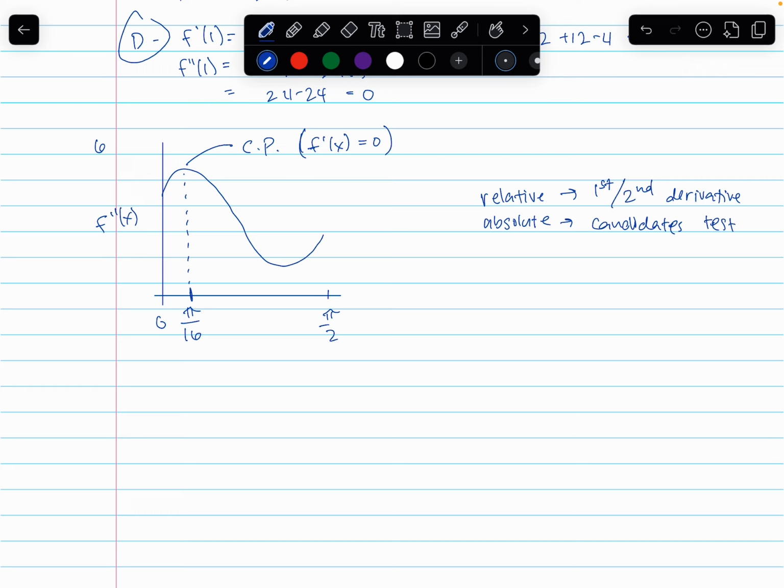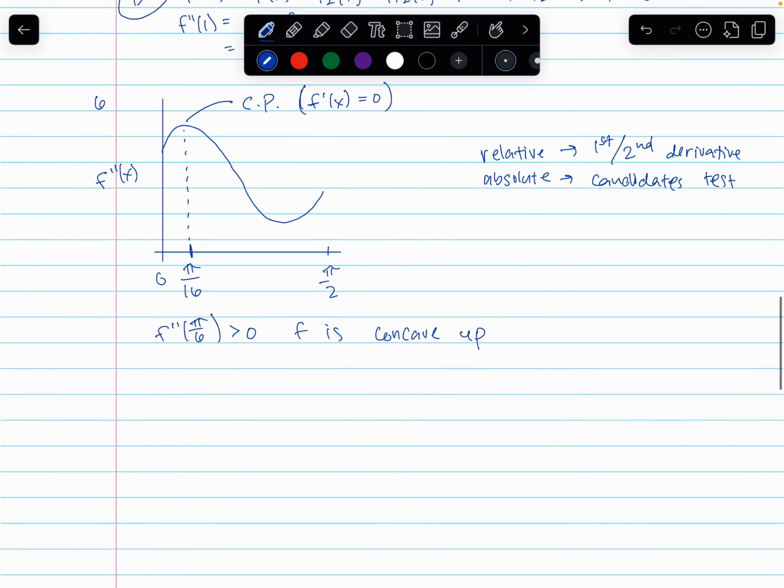But so the absolute minimum of f is at x equals, okay. Let's also think about this right here. So this is f double prime, right? So f double prime is positive here. So we can say that f double prime of pi 16th is greater than 0, which means f is concave up. Just going to try and gather some clues about f.